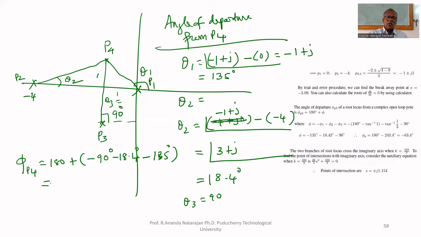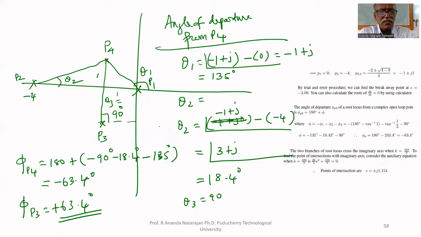How much angle did you get? Minus 63.4 degree. Therefore, phi at P3 equals plus 63.4, because they are mirror images, symmetrical about the real axis.